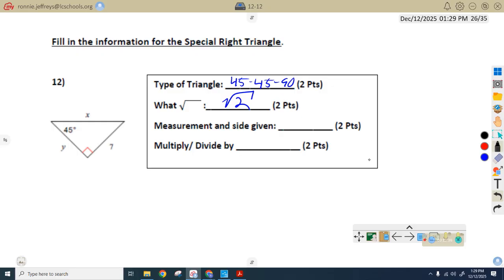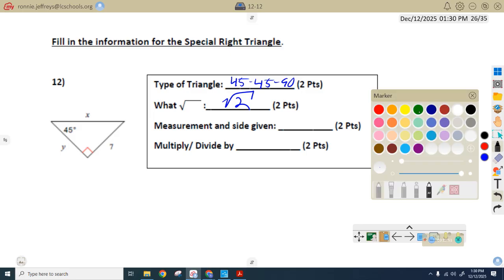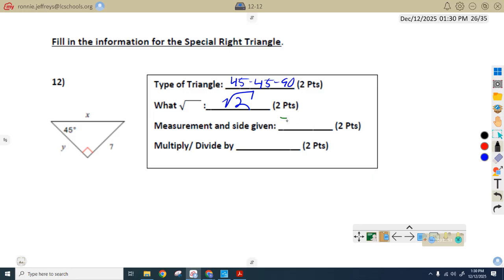Now, unfortunately, there was one student in third period who had a 98, and the only reason is because they did not put the square root right here after, and they're like, I forgot. I'm like, I mentioned it a bunch.